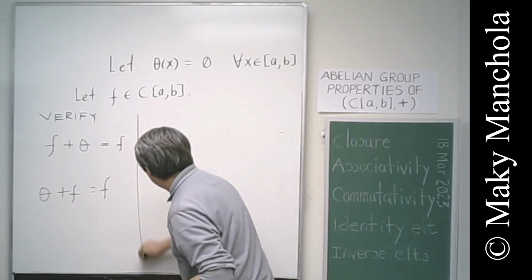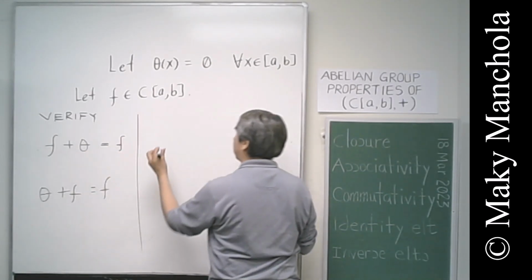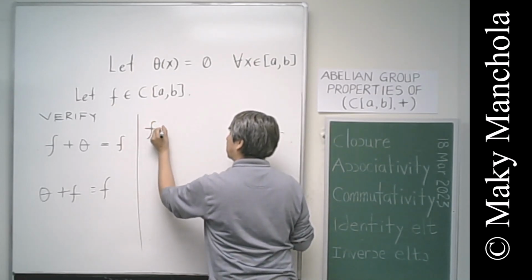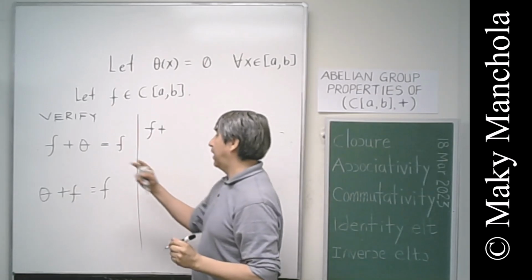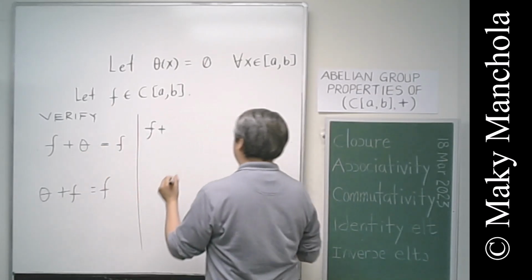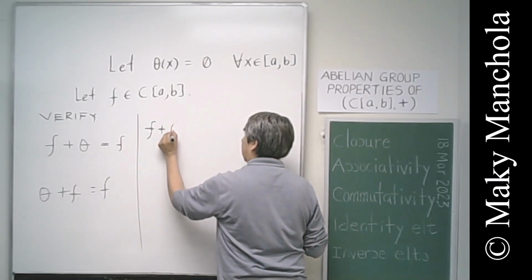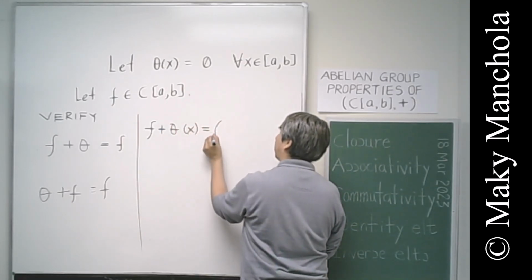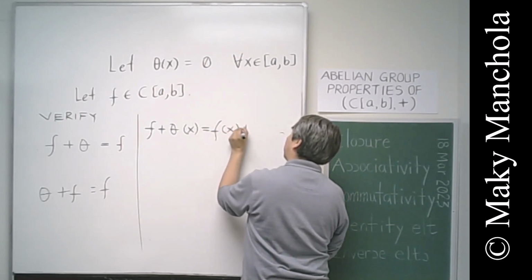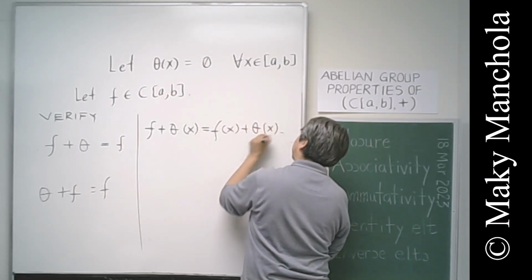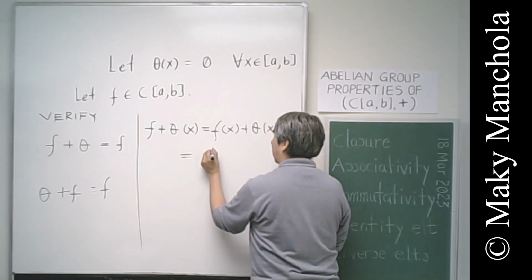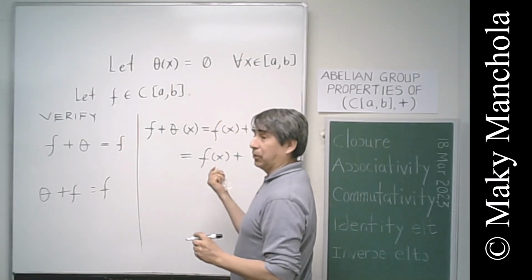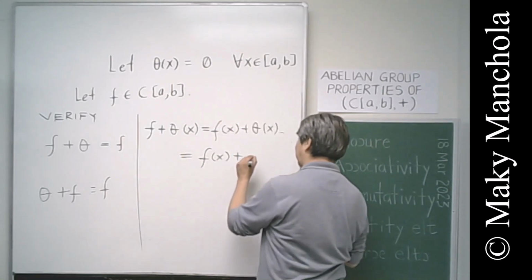So let's do the work. Let's begin with what is the meaning of f plus theta. The meaning of f plus theta is that f plus theta evaluated at x equals f of x plus theta of x, which turns out to be f of x plus 0, because theta of x is 0 on the whole interval.